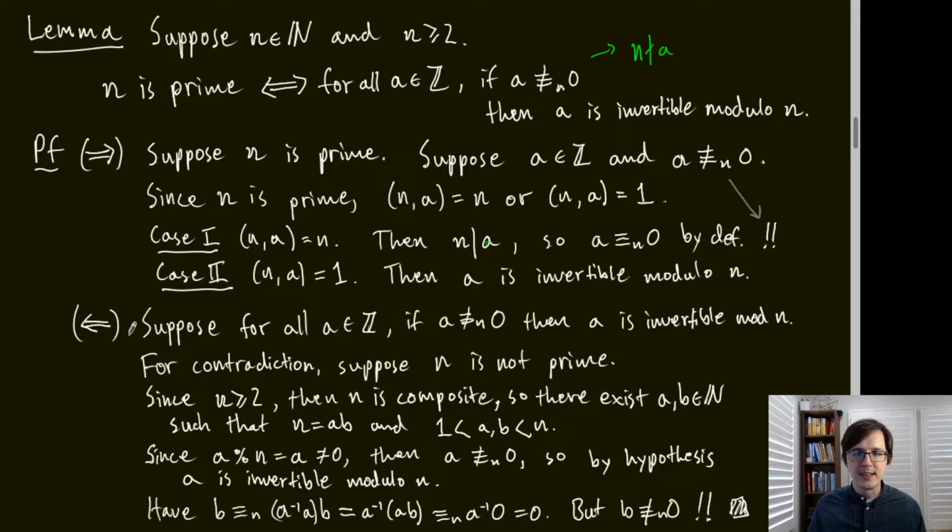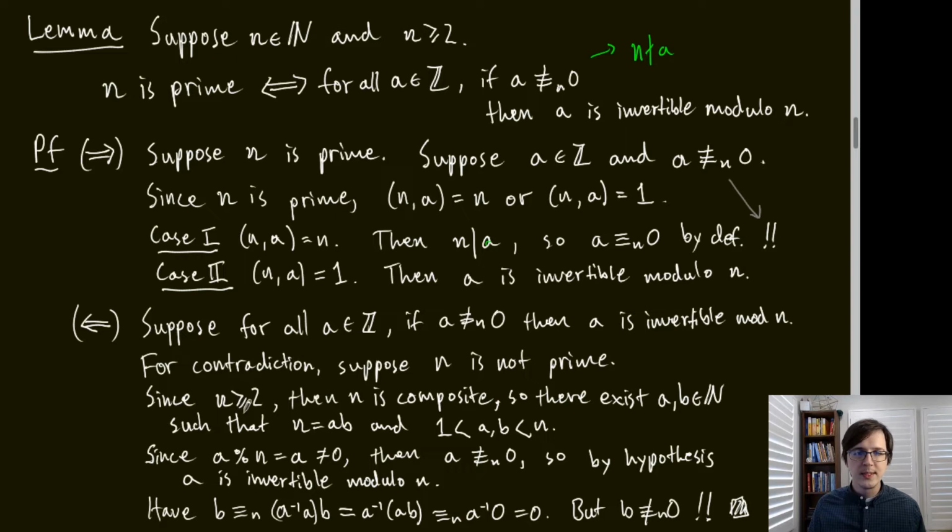For the backward direction, we assume this whole property, and we want to show that n is prime. So suppose for all a, if a is not 0 mod n, then a is invertible mod n. That's the hypothesis. And then we're trying to show that n is prime, so for contradiction, let's suppose that n is not prime.